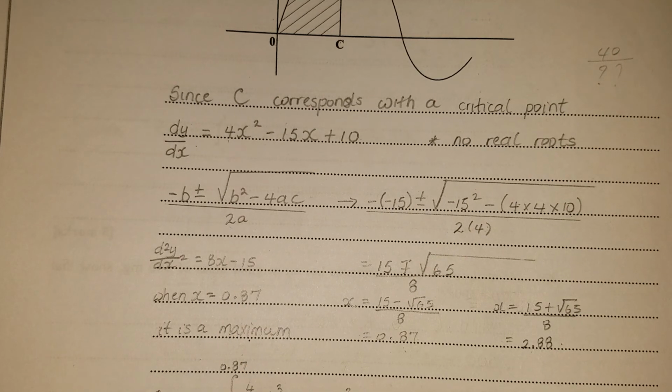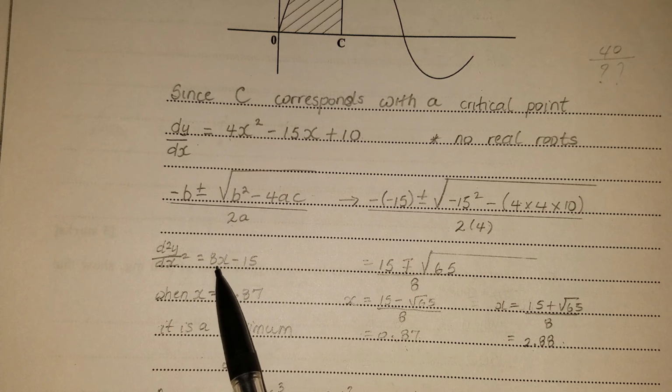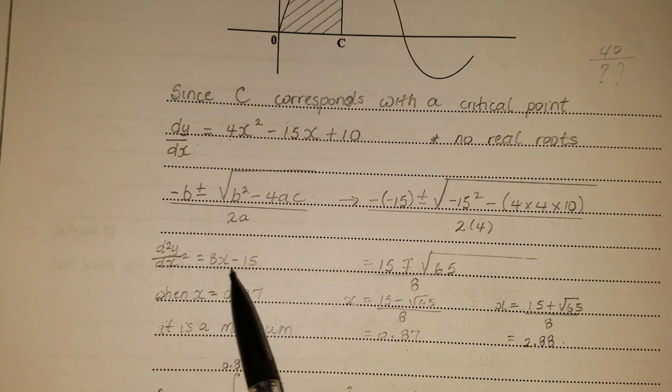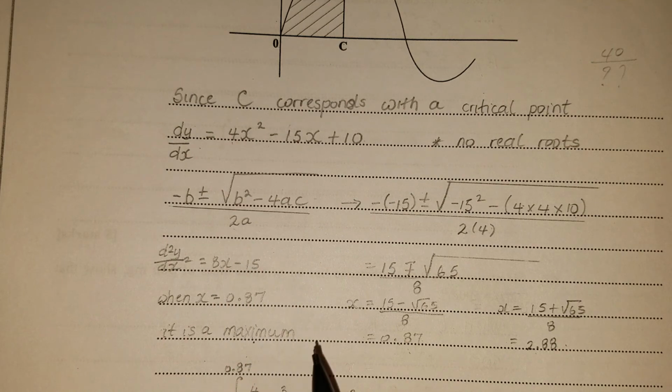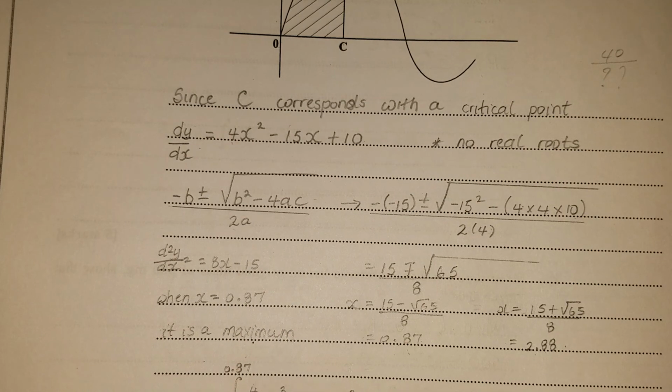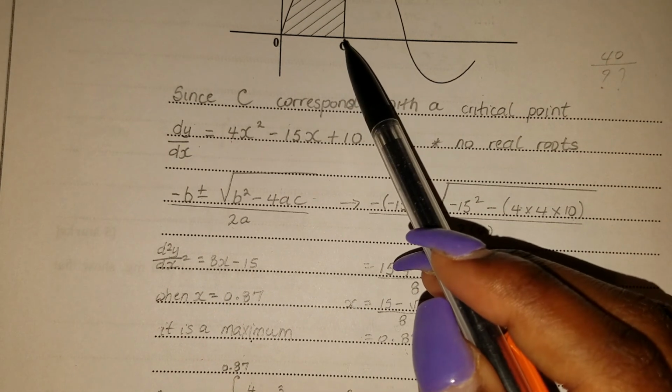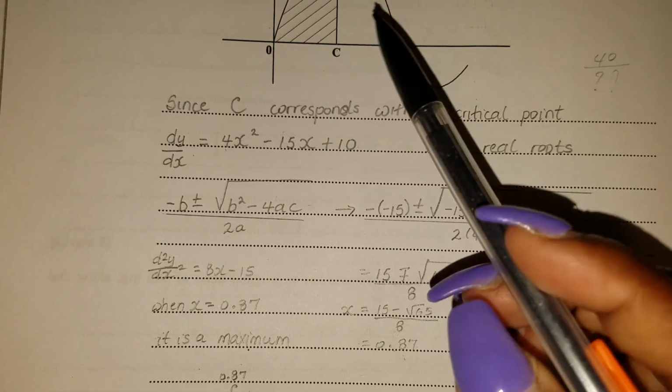That value should give us a negative, because whenever the second derivative is negative, it indicates a maximum value. And the value that can be plugged in here to get a negative is 0.87. So when we do that, we will get a negative answer. Therefore our c, which is a maximum, is 0.87.